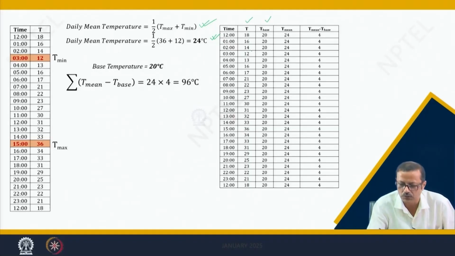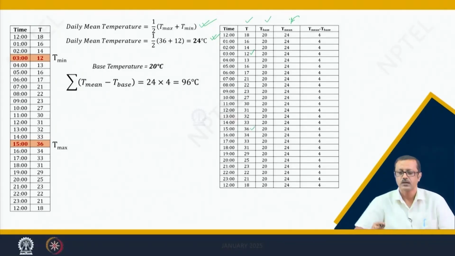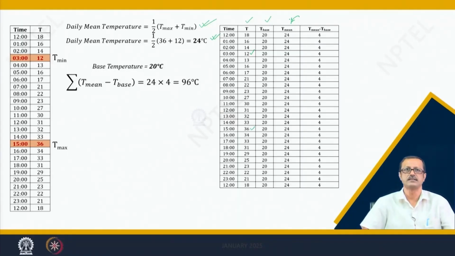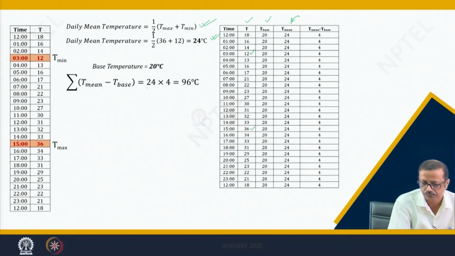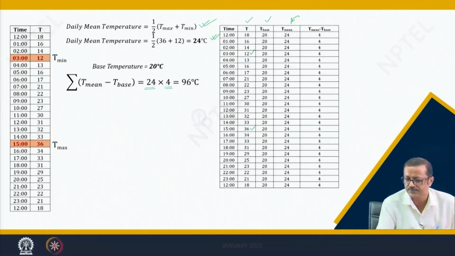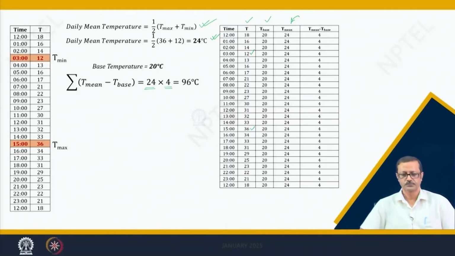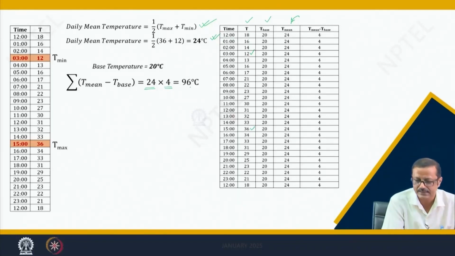There is a difference of 4 degrees between T mean and T base, and that is significant for our CDD, the cooling degree days. So the total is 4 into 24, because there are 24 hours and a 4 degree difference between T mean and T base, which is 96 degree-hours.